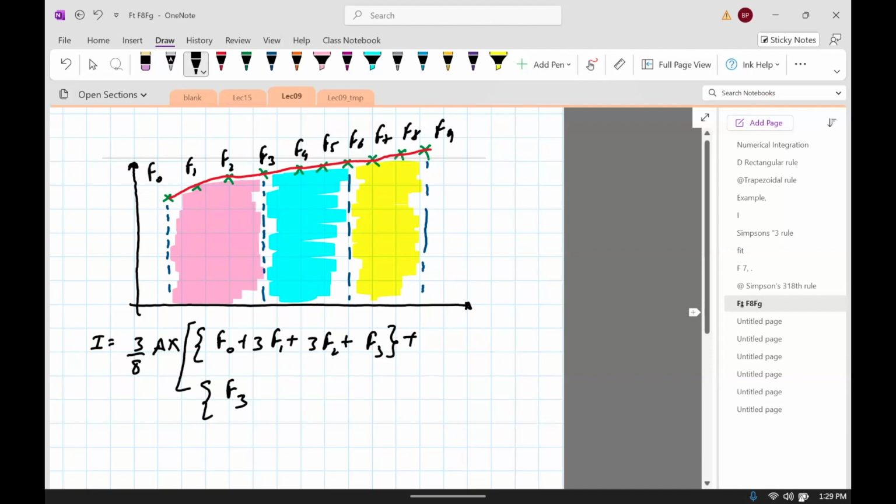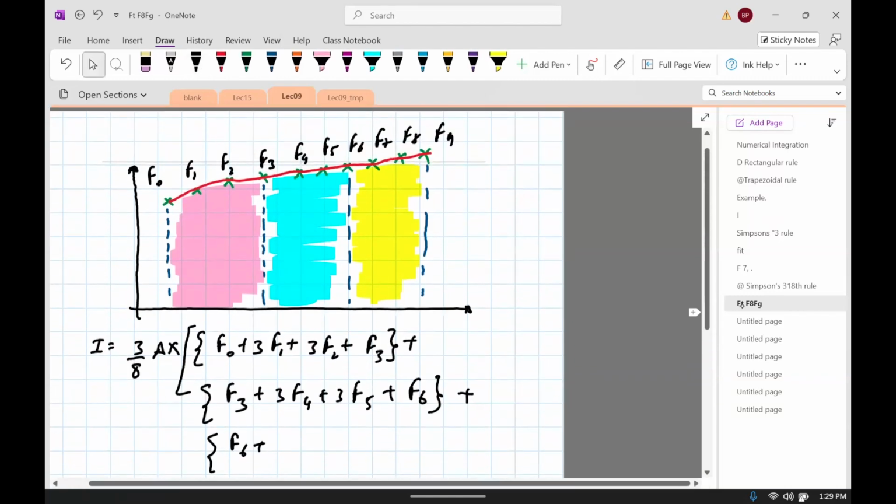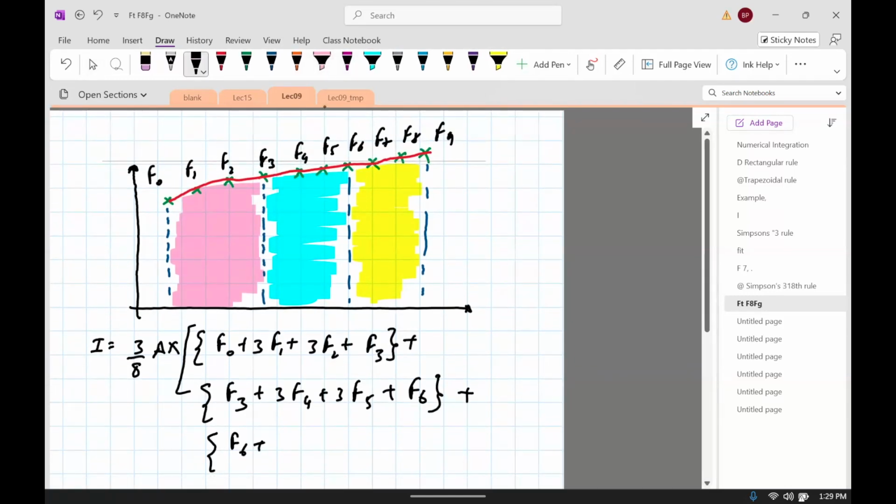I start from f3 plus 3 times f4 plus 3 times f5 plus f6. And finally, f6. You can look here, f6 is right here, and f3 was here. So you start with f3 and then f6: f6 plus 3 times f7 plus 3 times f8 plus f9.